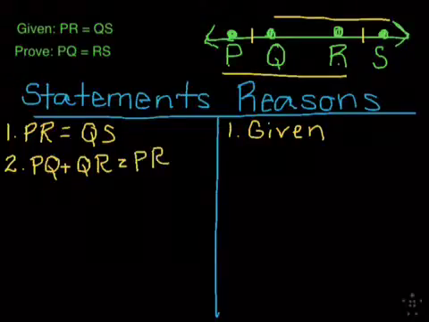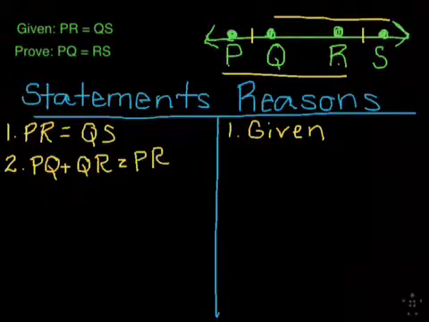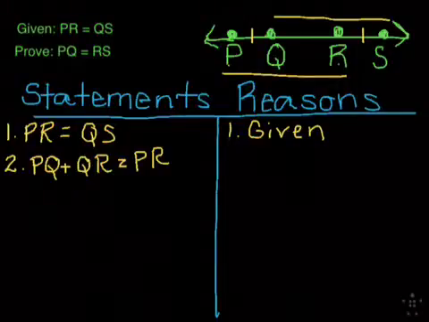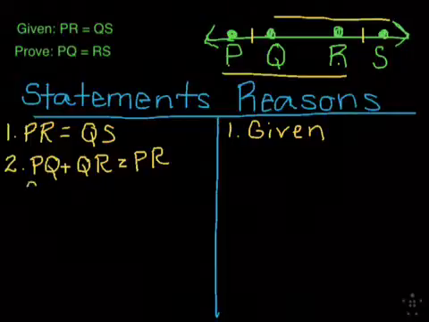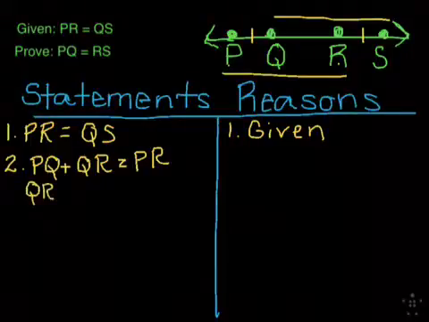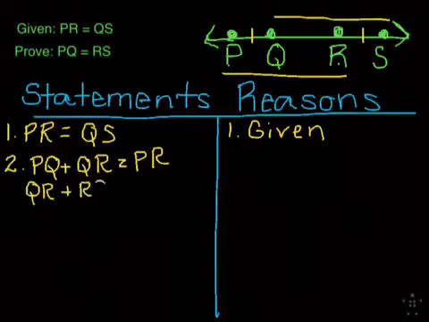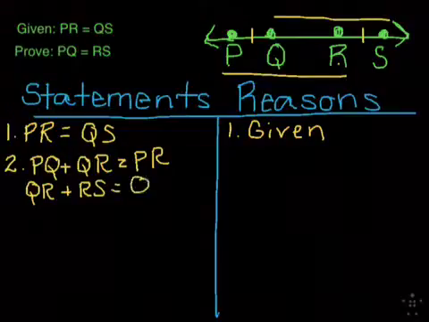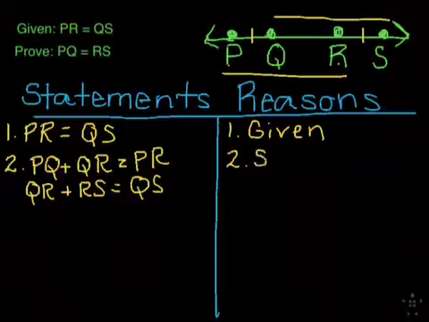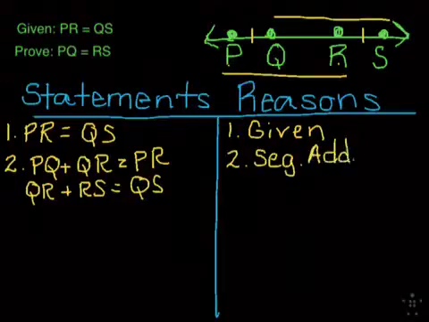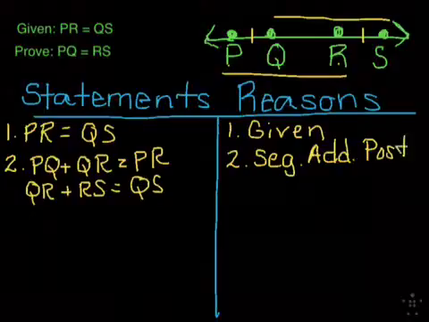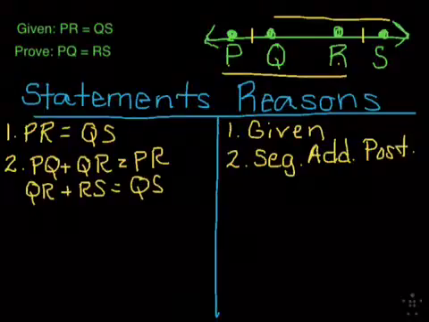And I also know that line segment QS is made up of segments QR and RS. So I know QR plus RS equals line segment QS. That is by the segment addition postulate. This is in the orange notes paper you got in class.